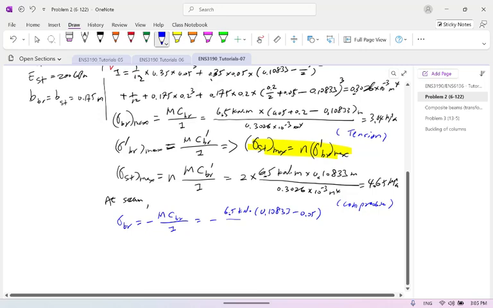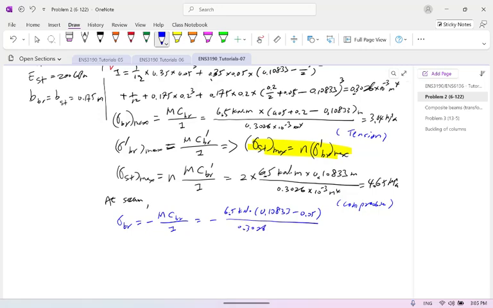Then further, the I is 1.3026 times 10 to the negative third power meter power 4. So equal to negative 1.25 megapascal. You will see this one is in compression. Okay, so I'll just write it down for you. So this one is also in compression.